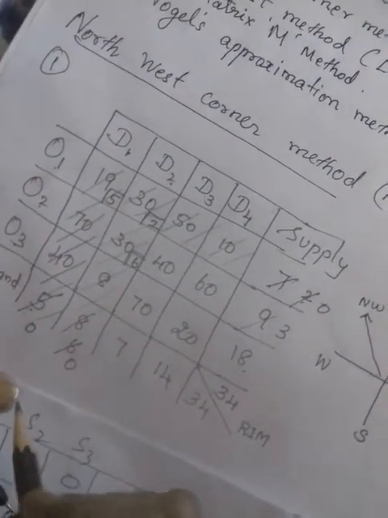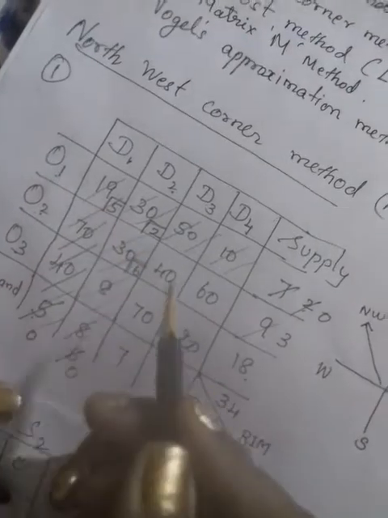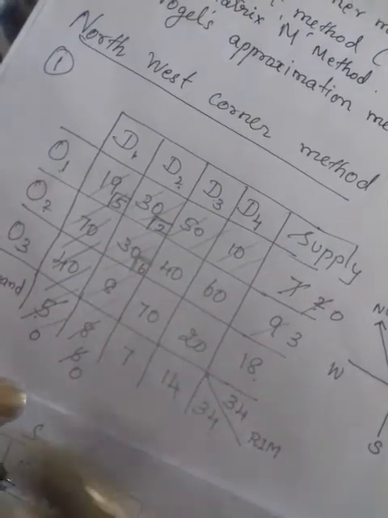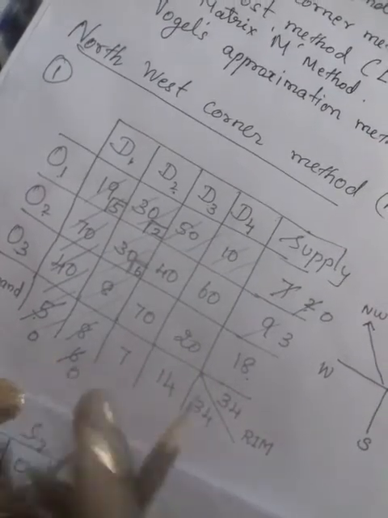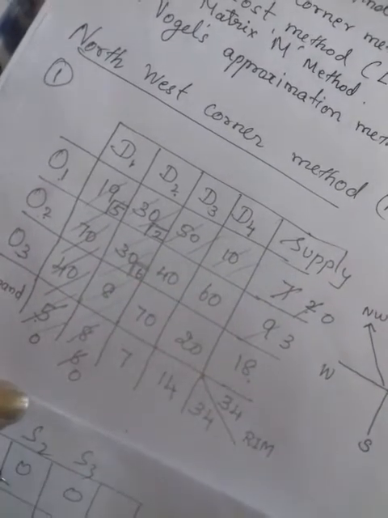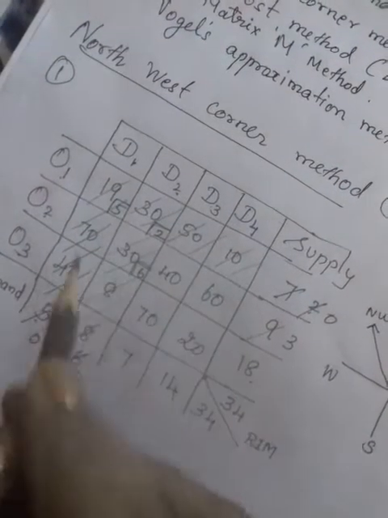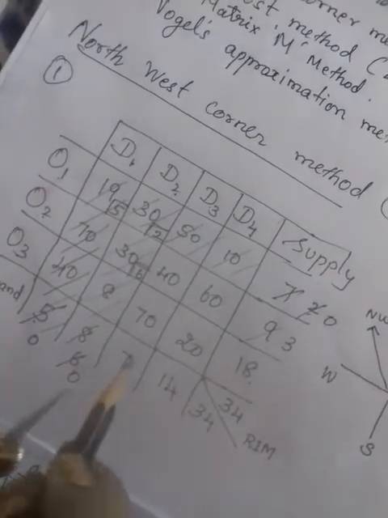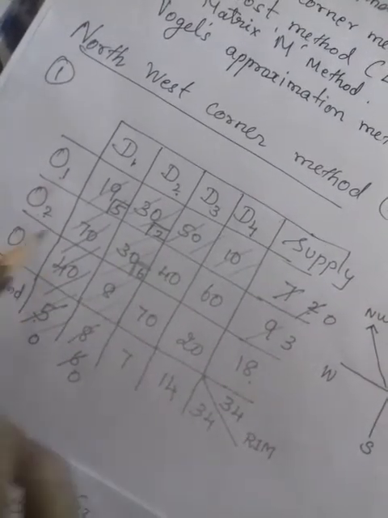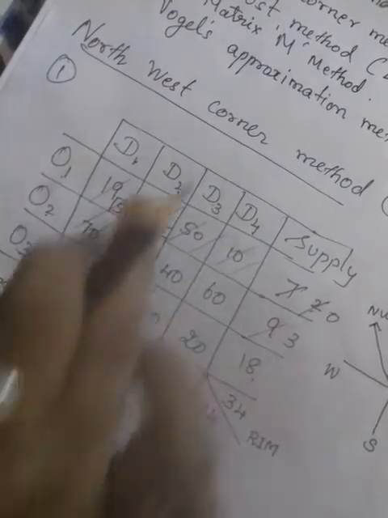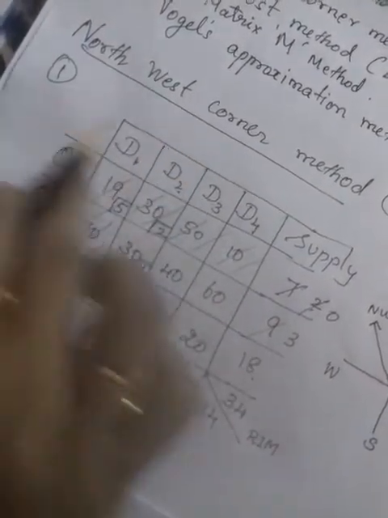Use a pencil to put the lines and allocate the cells, because if you make mistakes you can easily erase and do it again. Otherwise you have to write the column again, which is time consuming. Once everything is correct, you can rewrite with a pen. Now we have scratched down column 1, column 2 and row 1.